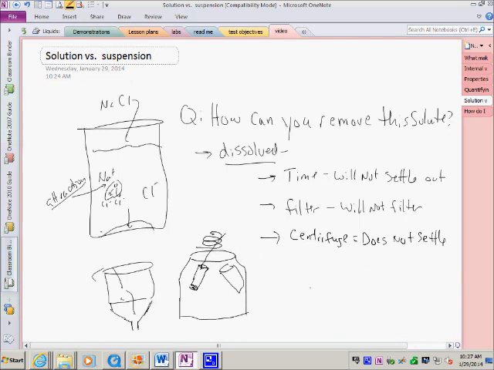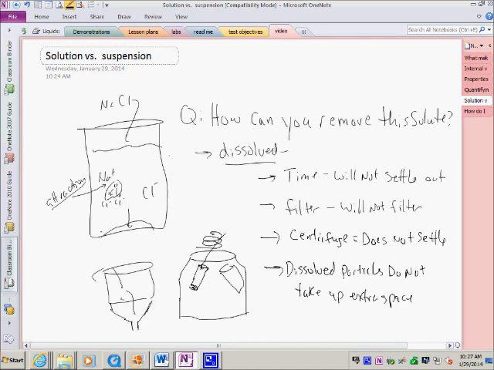I also would mention that when you dissolve something, generally dissolved particles do not take up extra space.